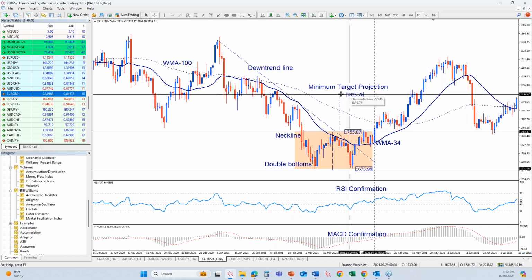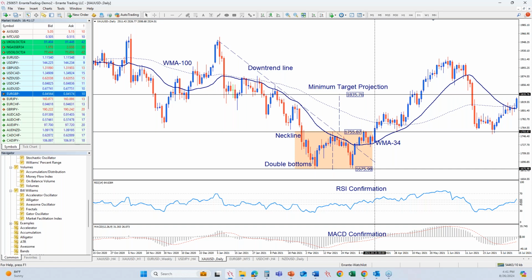That can give us this level 1835.76. And after the neckline breaks, the price of gold continues to rise, moving towards the projected target level at $1835.76. And the price movement towards this target level illustrates the effectiveness of using the double bottom pattern for predicting trend reversals and setting profit targets.